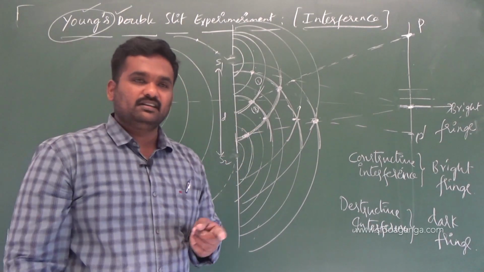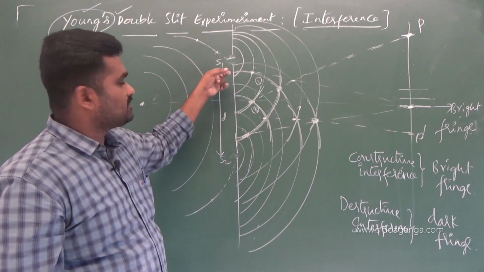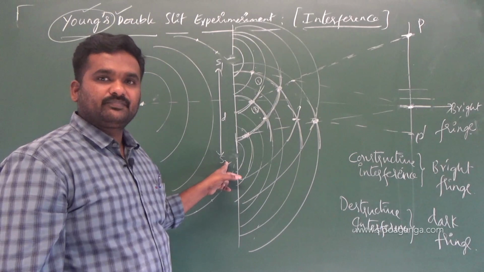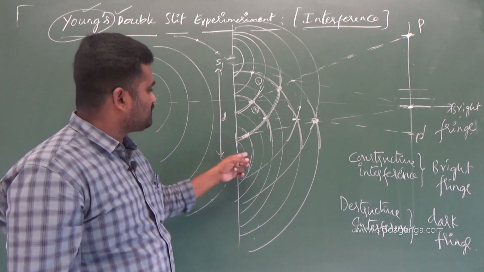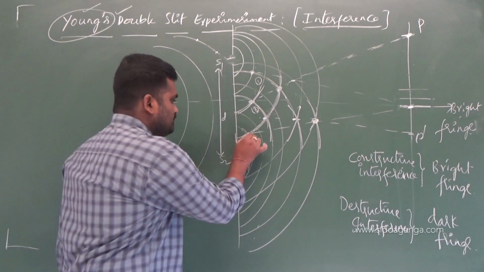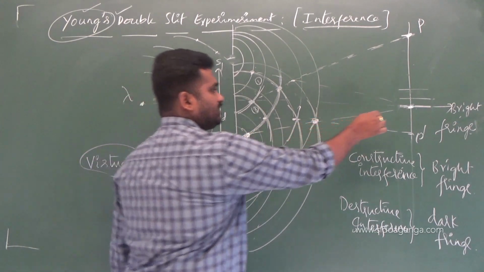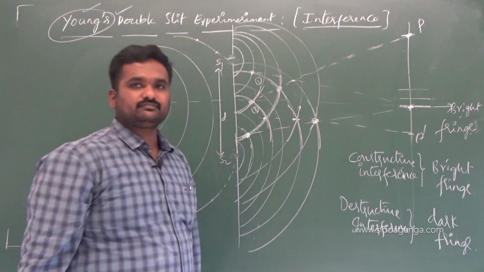Equations we have studied: y1 equals a sin omega t and y2 equals b sin (omega t plus phi). That phi between these two waves is what we are talking about here. At this point the phi between these two waves is 0, that's why it is formed at this point.